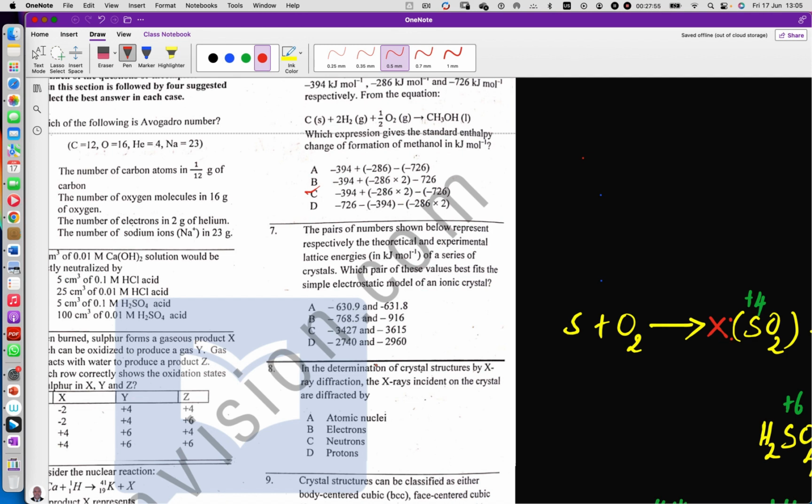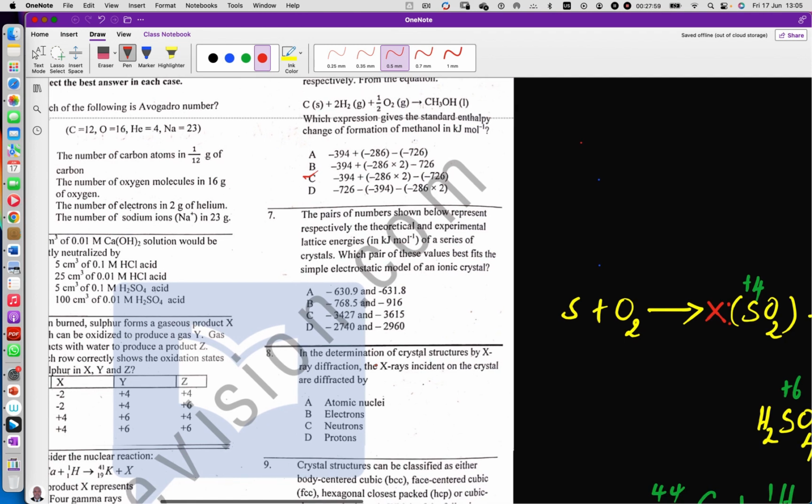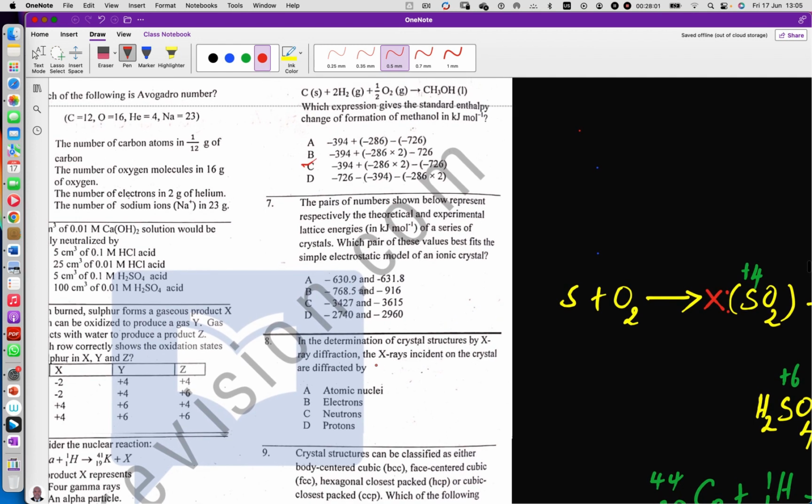Question number 7. Question number 7 has to do with a pair of numbers shown below. The pair of numbers shown below represent respectively the theoretical and the experimental lattice energy in kilojoules of a series of crystals.